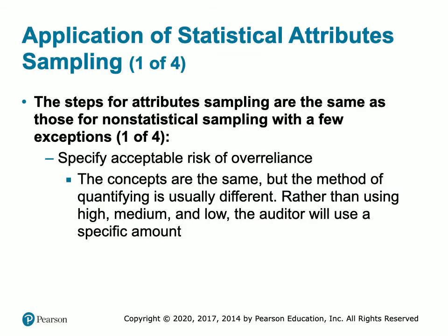Okay. So you're going to specify your risk of over reliance, right? So this is basically, what's your risk if you decide that controls are working and they're really not.